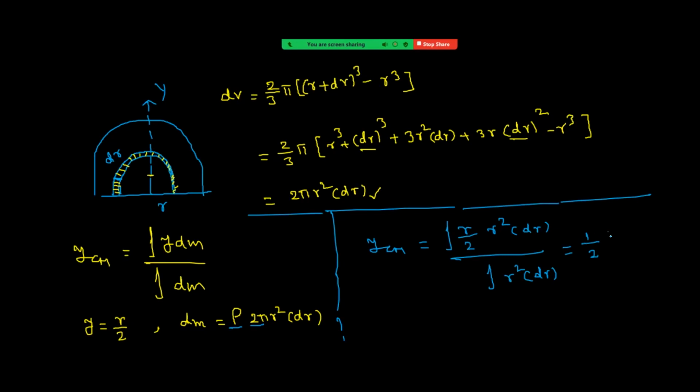R cube means r power 4 by 4, right? Next r square, r power 3 by 3. See what we get? R power 4 over r cube, remaining is r. It becomes now 3r by 8 because the limits are 0 to capital R. We have to take all hemispherical shells. Okay. That means the distance of the center of mass from the base is 3r by 8.